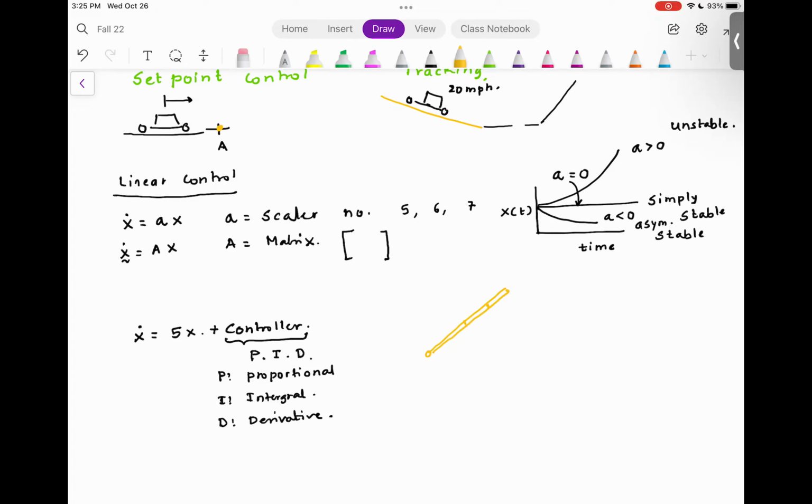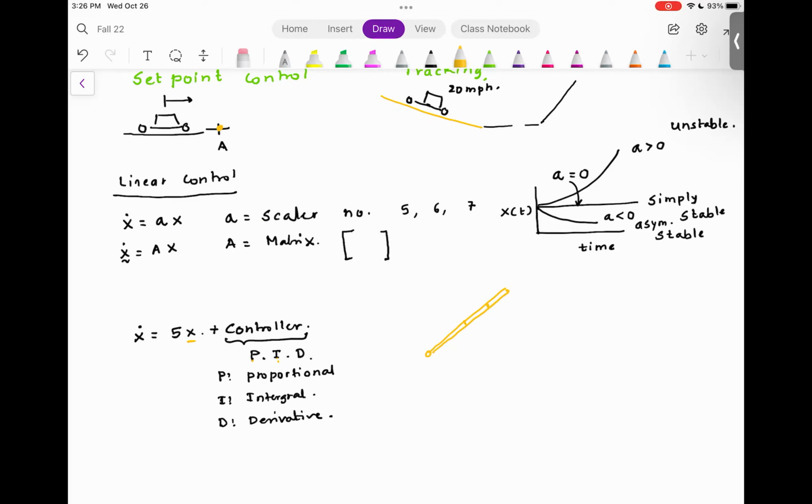So you have P, you have I, you have D. P is the term which is proportional to the state. Integral term is the term which is proportional to the integral of the state, and D is the term which is proportional to the derivative of the state.